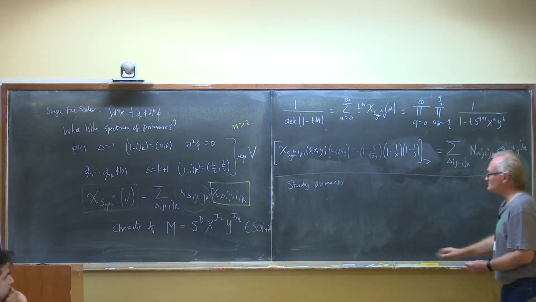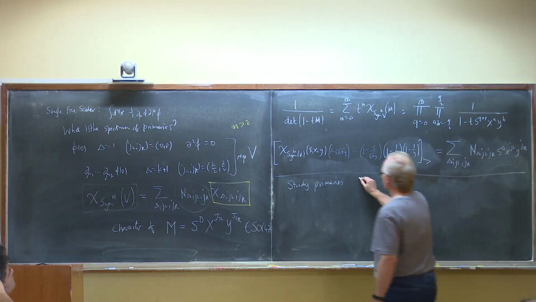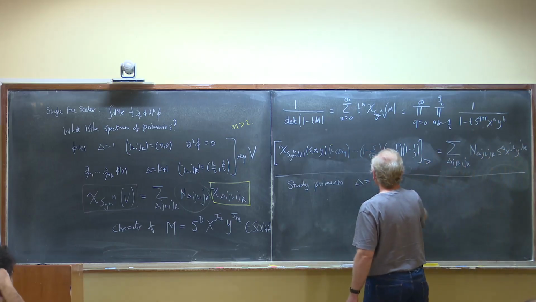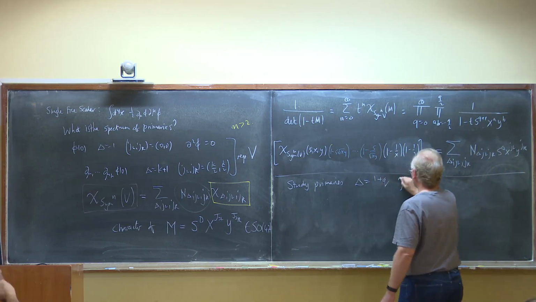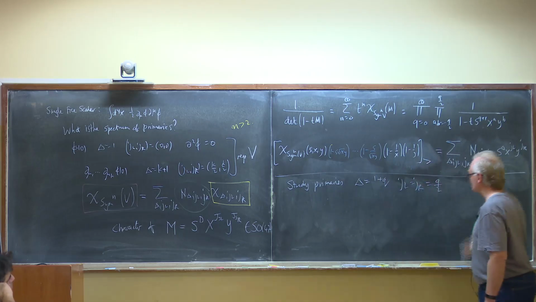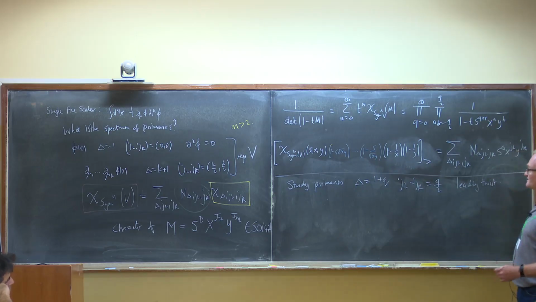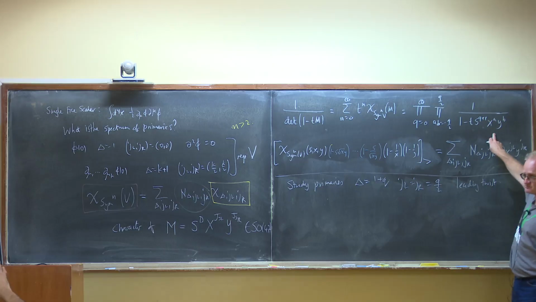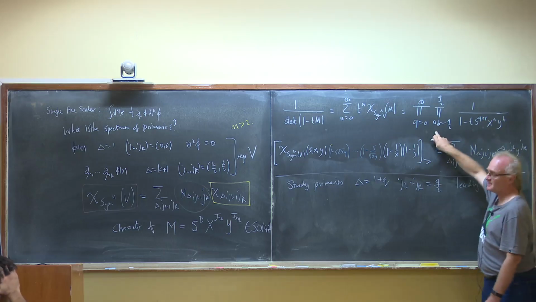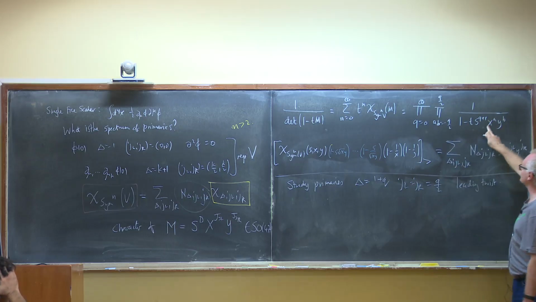Okay, so now let's study the primaries with delta equal to 1 plus q, and j left is equal to j right is equal to q over 2. So these would be the so-called leading twist primaries. And for this case, how will things simplify? Well, the first dramatic simplification that you see is when you start to take this product over here, we don't take a and b to run over all values. We in fact fix them to just be q over 2 and q over 2.